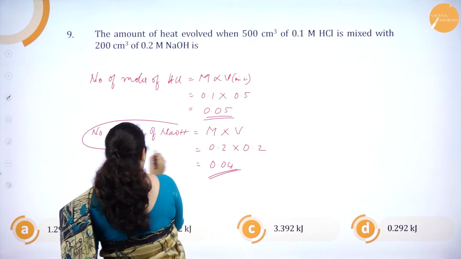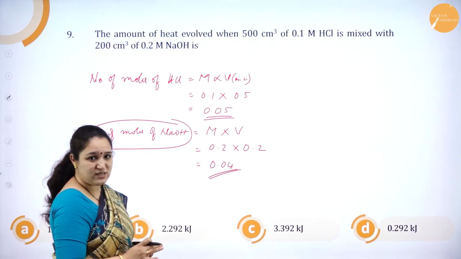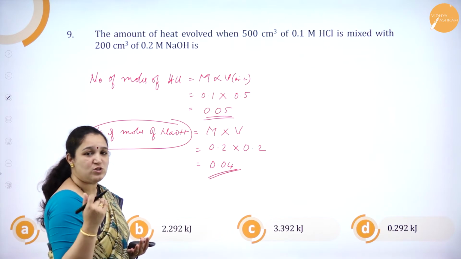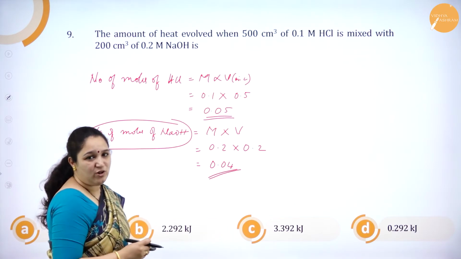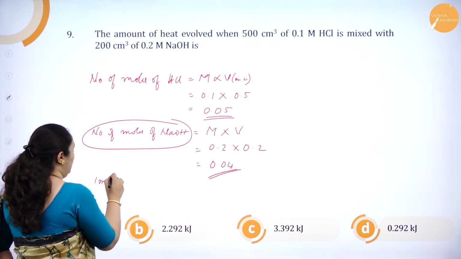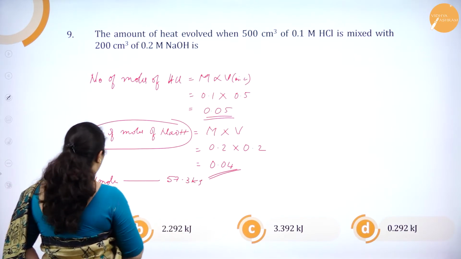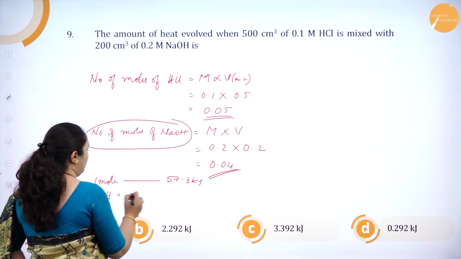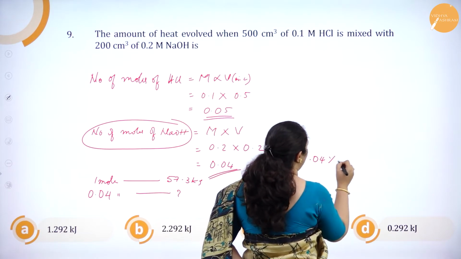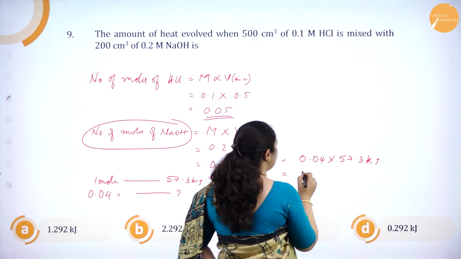So NaOH is the limiting reagent as it is less and it will be completely utilized. So 0.04 moles of NaOH will be neutralizing 0.04 moles of HCl. Some excess amount of HCl will be remaining. But we know that for 1 mole, heat evolved is 57.3 kilojoules. Thus, for 0.04 moles, how much heat? So, we have to just multiply 0.04 into 57.3 kilojoules. Kilo, I'll keep it as it is, as my answers are all in kilo.